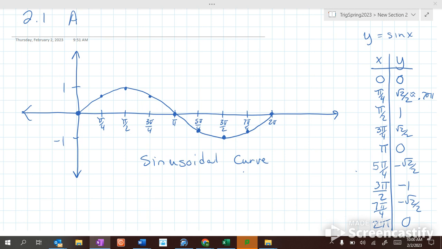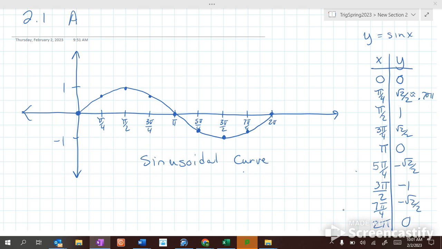Okay, so let's think about coterminal angles now. All right. What is 9 pi over 4 the same as? 1 pi over 4, because they're 2 pi apart. 9 pi over 4 is the same as pi over 4, because they're 8 pi over 4 apart. Okay.